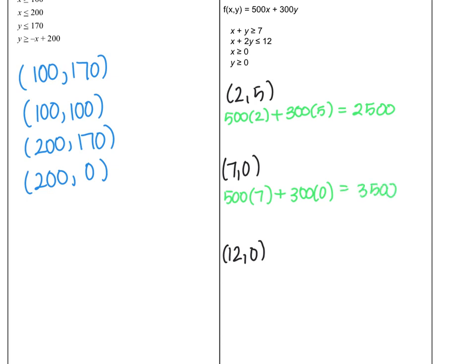And then lastly, 500 times 12 plus 300 times 0, and we're going to get 6,000. So our maximum comes from the point 12, 0, and our min is going to come from the point 2, 5.